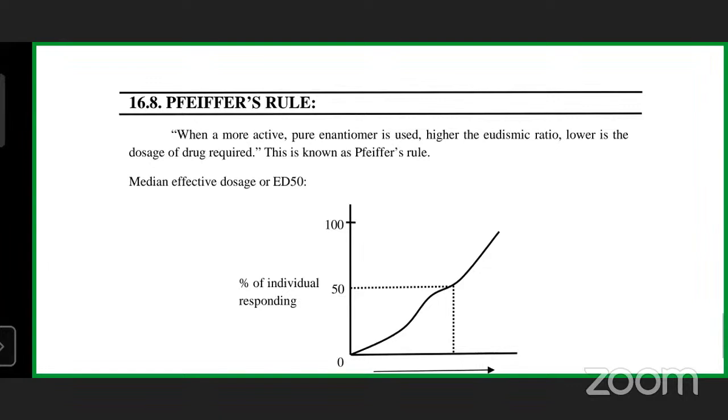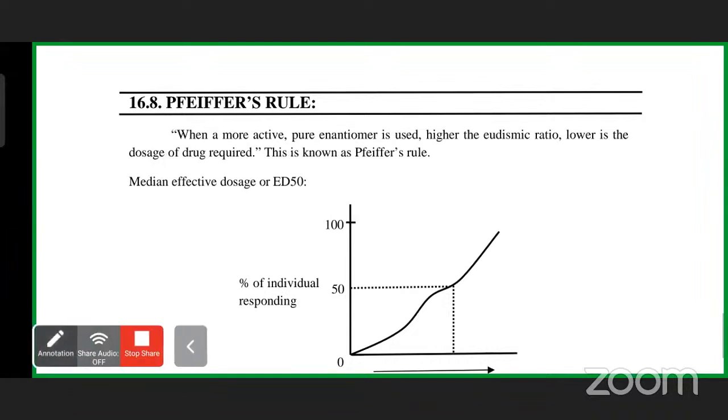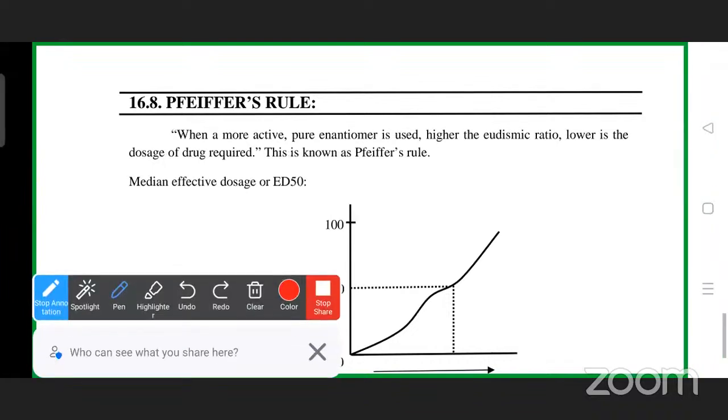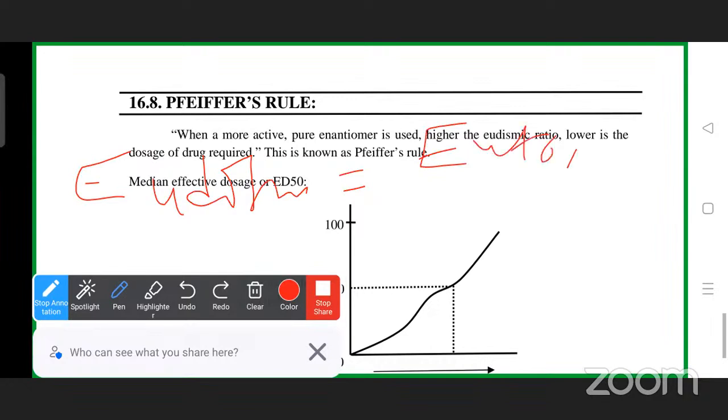So what is the eudesmic ratio here? It is the ratio between the eutomer and the distomer. Eudesmic ratio equals the ratio of the eutomer by the distomer.